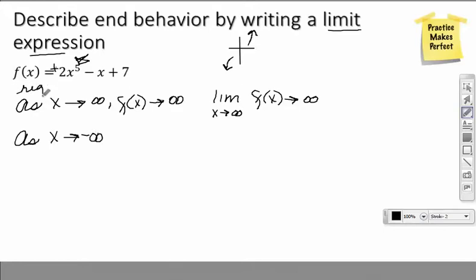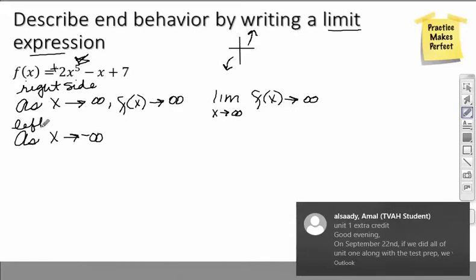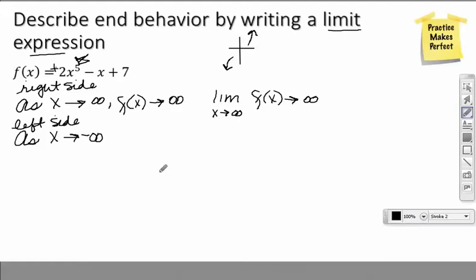And as x is approaching negative infinity, f of x is also approaching negative infinity. And the way I'm going to write this is limit, there we go. And so that right there is what my answer is going to be.